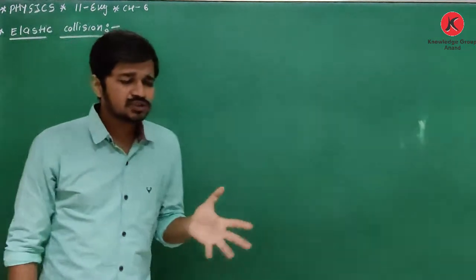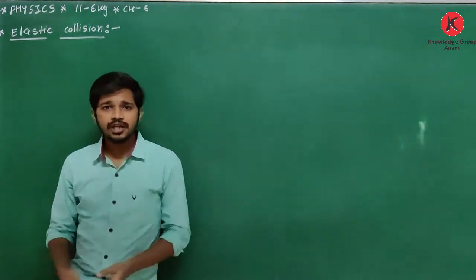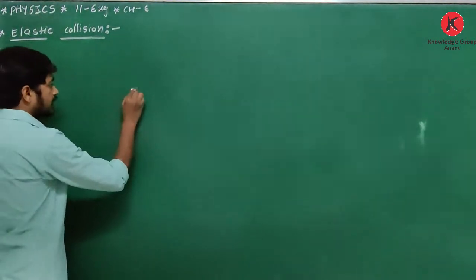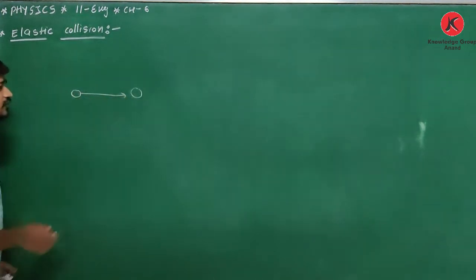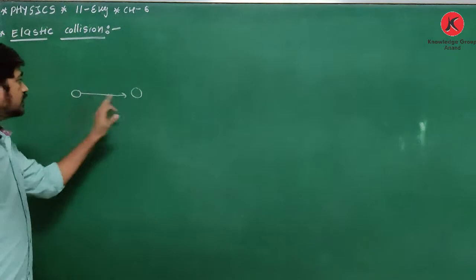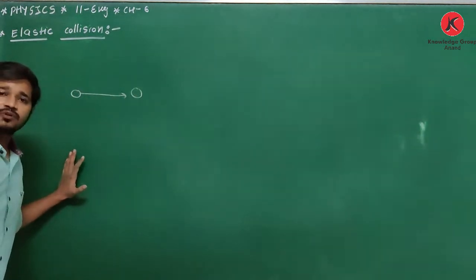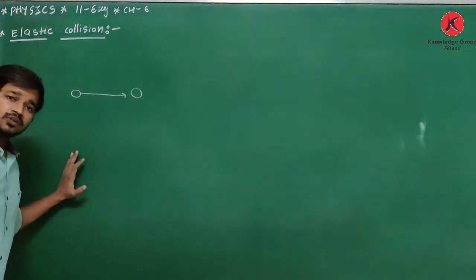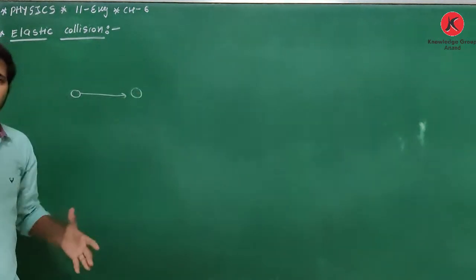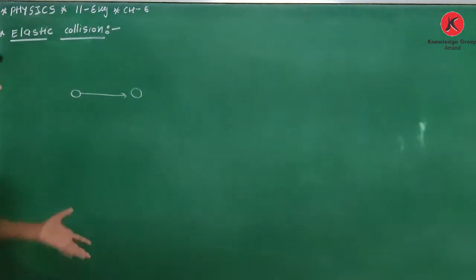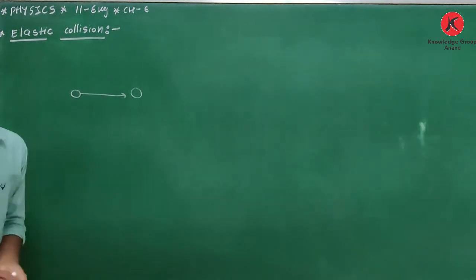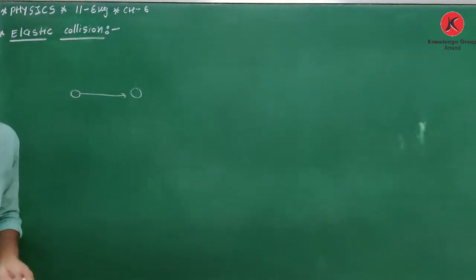So collision, you know what is collision. If I have one object like this, and if I throw another object in this direction, then they will collide with each other, and after collision, they may change their direction. They may move in one direction, or in another direction. It depends on the collision.